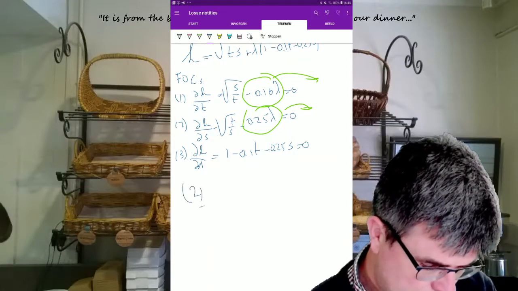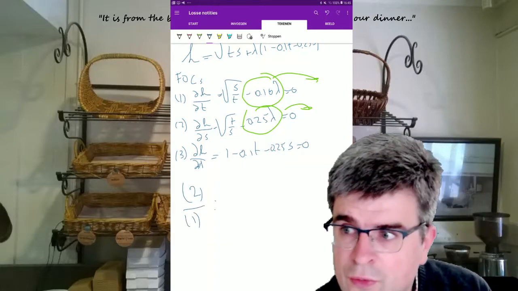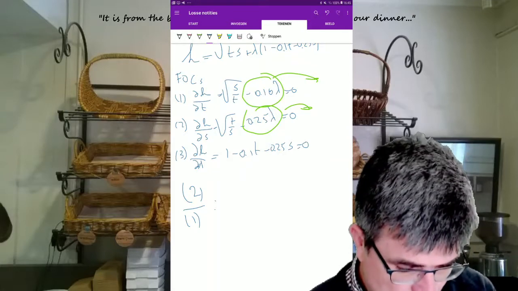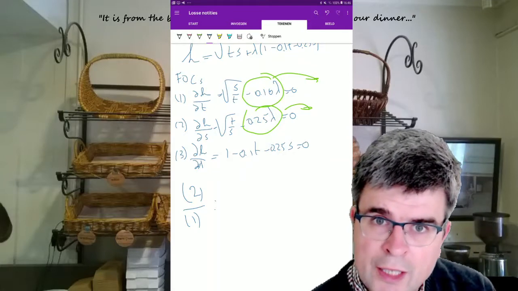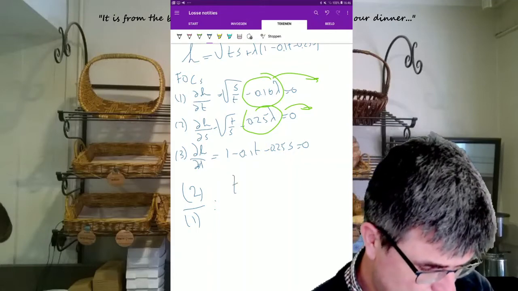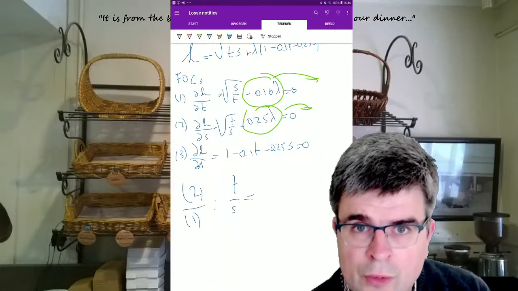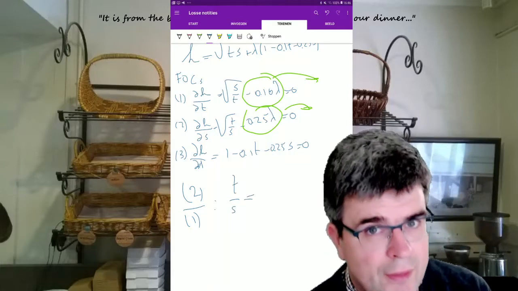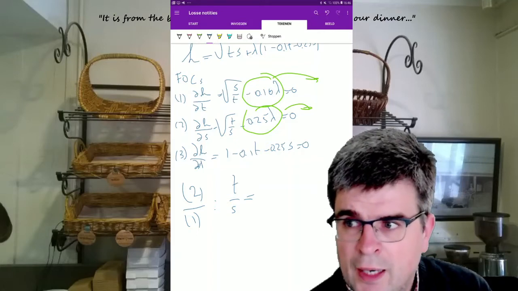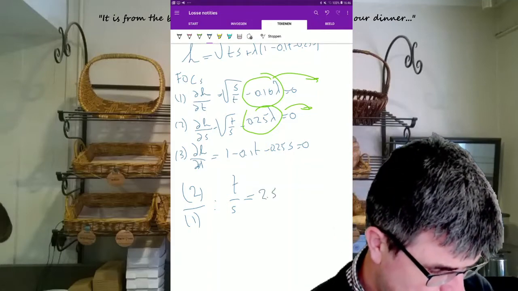So sloppy notation, dividing the second equation by the first gives you that dividing square root t over s by square root s over t gives you t over s, and dividing 0.25 lambda over 0.10 lambda, and the lambdas cancel out, so that was the objective, and 0.25 divided by 0.10 is equal to 2.5.